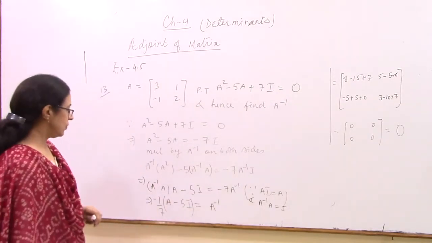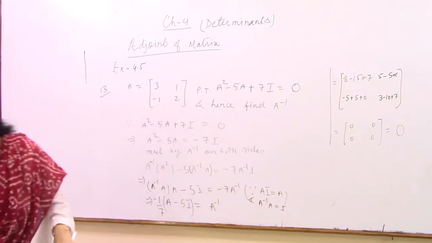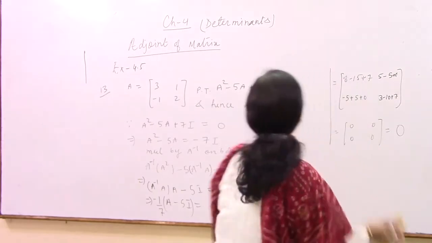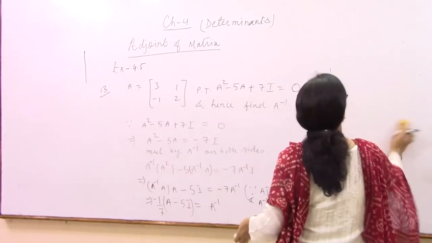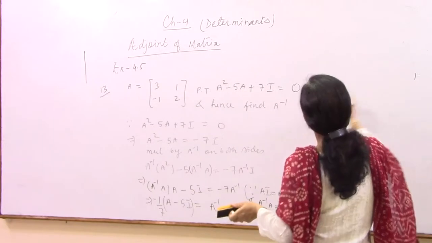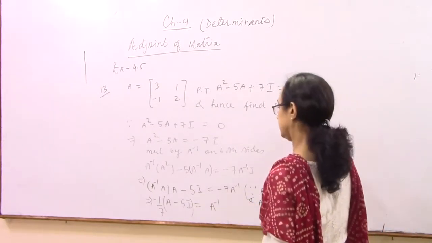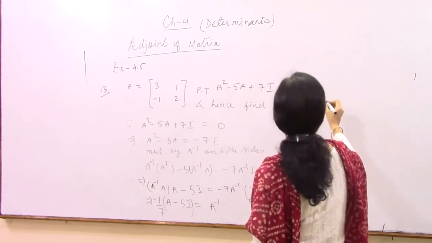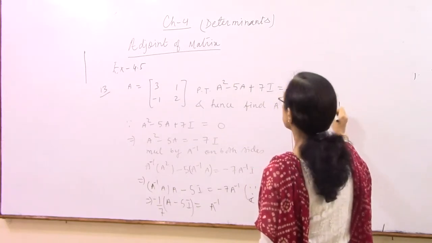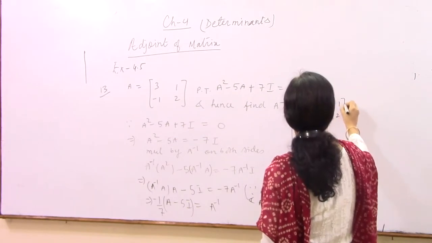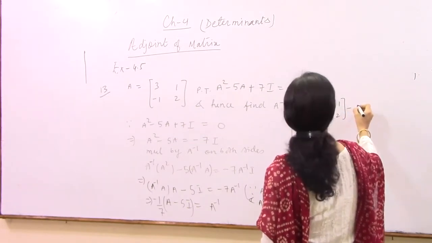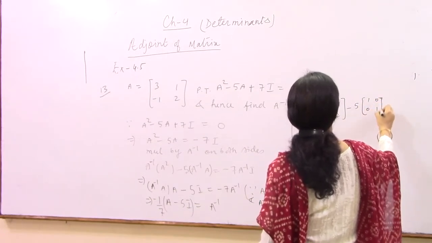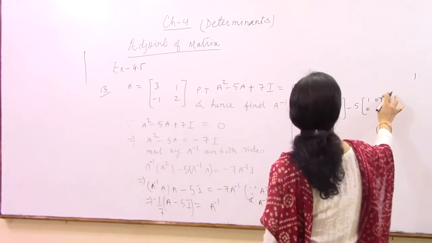Now putting the values of A and 5I. Minus 1 by 7, A is [3, -1; 1, 2], minus 5, that is minus 5 times [1, 0; 0, 1]. Calculating.